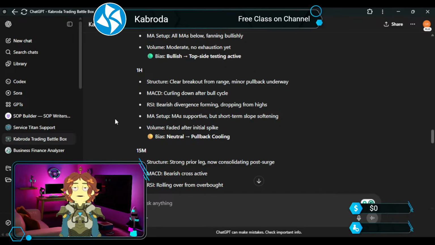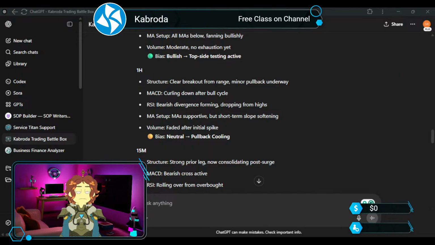The MA setup: MAs supportive, but short-term slope softening. That means they're good, they're all fanned out, but actually they're not even fanned on here, since I'm looking at the 1 hour chart right now. They're somewhat fanned, but the price action is so far away from the rest of the MAs. It's just sitting on the 21.